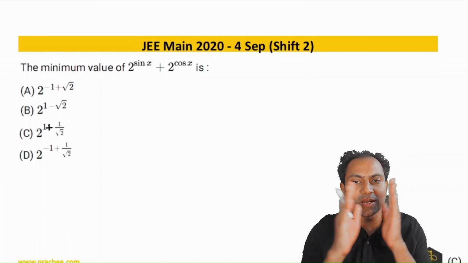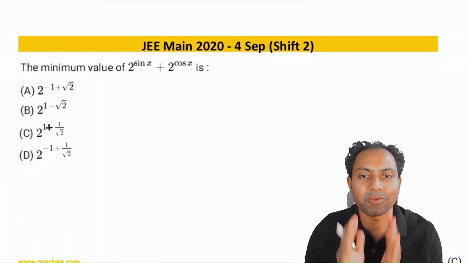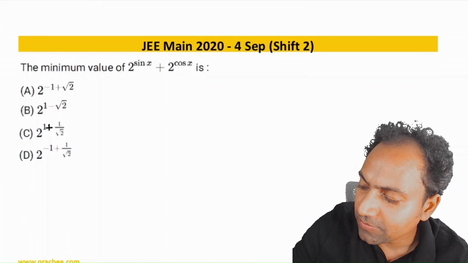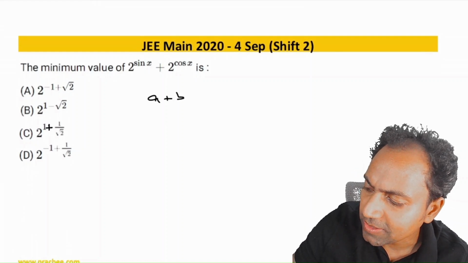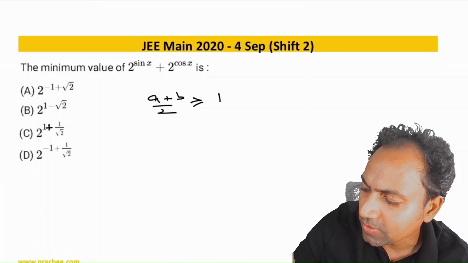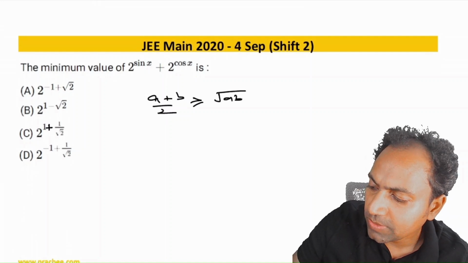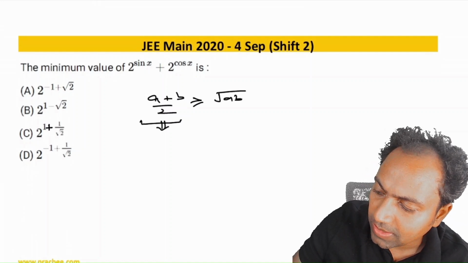Again the terms involved are both positive, so AM is greater than or equal to GM can be applied. We already learned that if we have two quantities a and b, then (a plus b) by 2 is always greater than or equal to root of ab. So the minimum value of this part will come when a is equal to b.